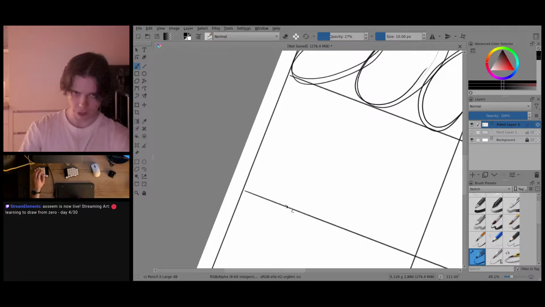No, narrow ellipses are so hard. They just stop looking like ellipses. The proportions become so off even when I trace them.